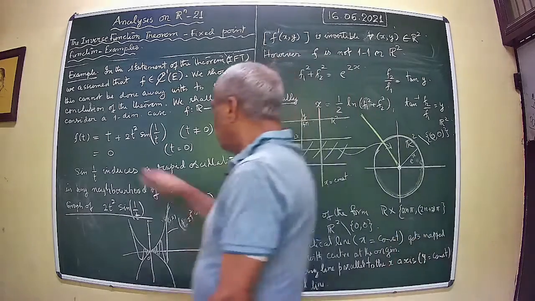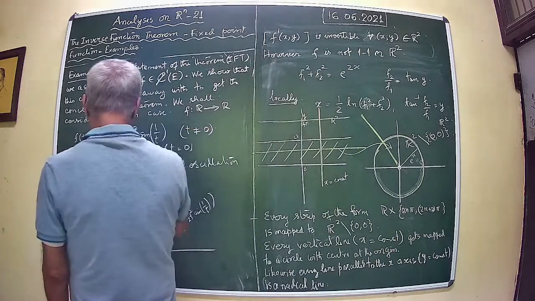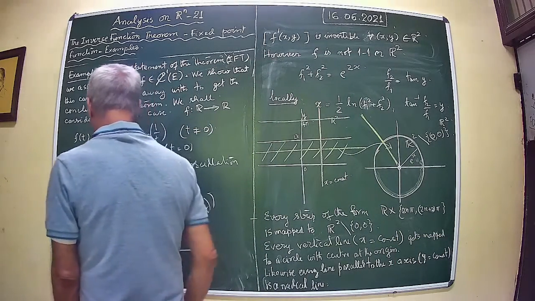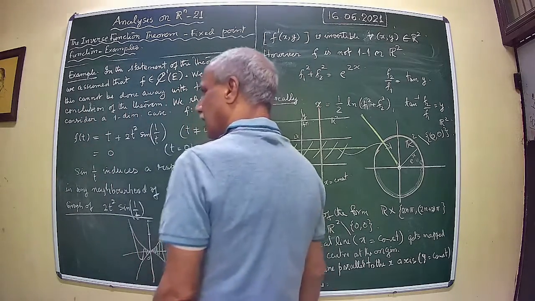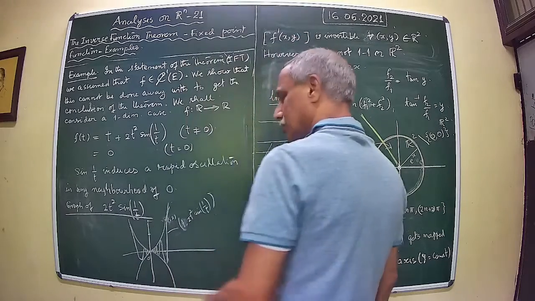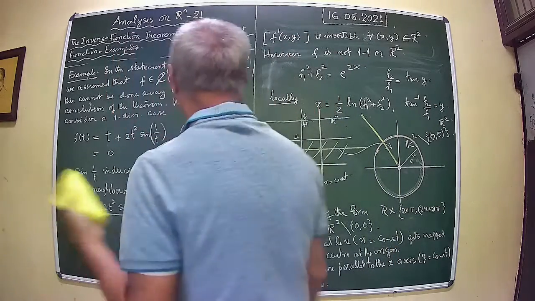Now the given function f of t is equal to this plus, say, g of t equal to t. So it is the sum of two functions.